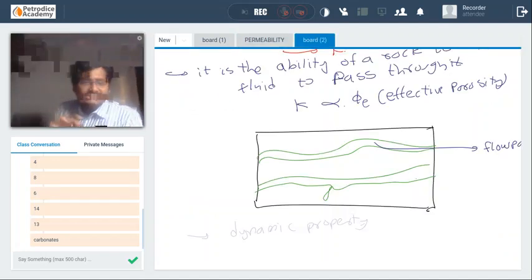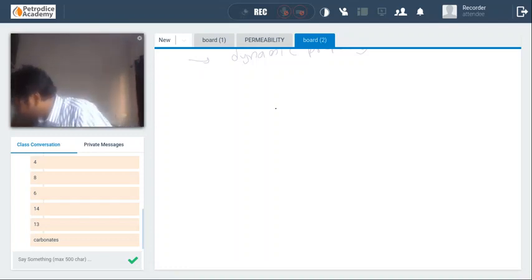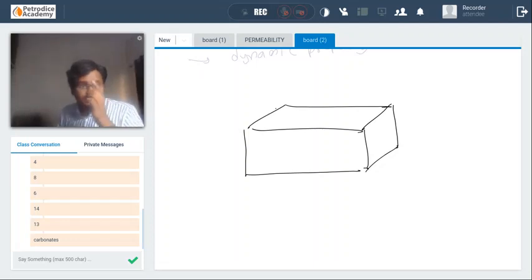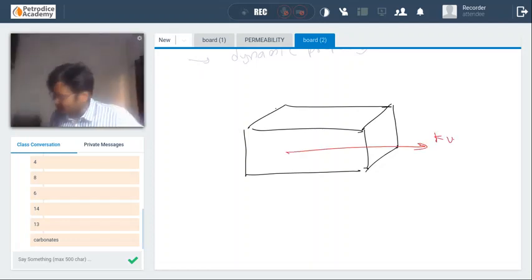Okay, so let us discuss this, guys. See, as I told you, permeability is the ability of the rock to allow fluid to pass through it. Let us consider this is the rock. Each direction has a unique permeability.